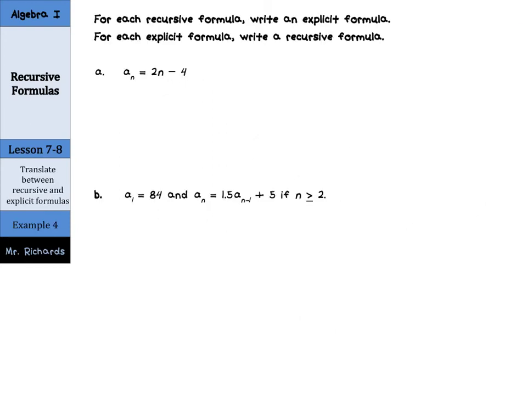And so now our last example is to translate between recursive and explicit formulas. For each recursive formula, write an explicit formula, and for each explicit formula, write a recursive formula. Well, this a(n) equals 2n minus 4 is a classic example of an explicit formula that is an arithmetic sequence.